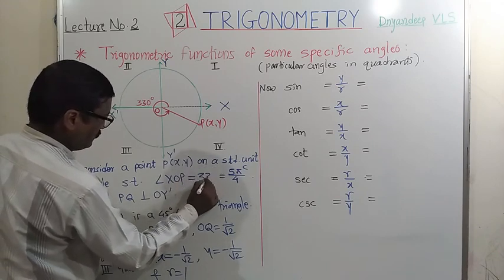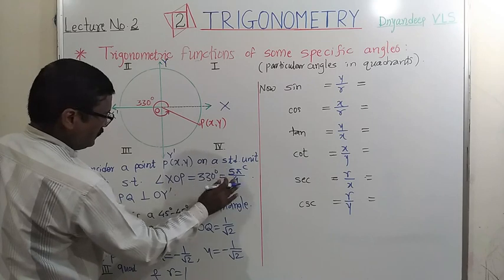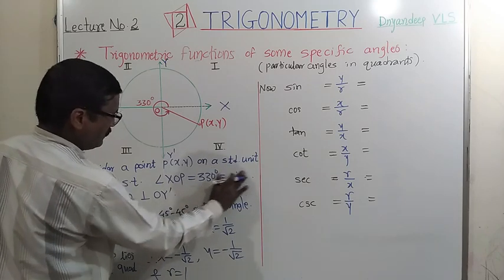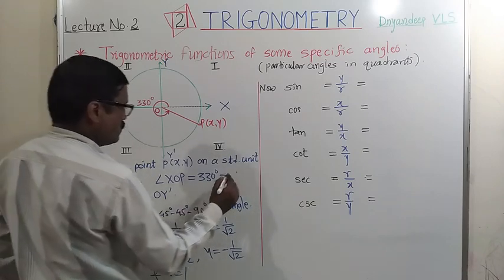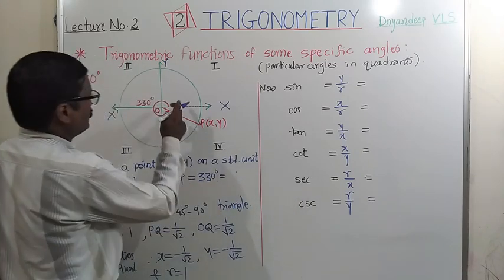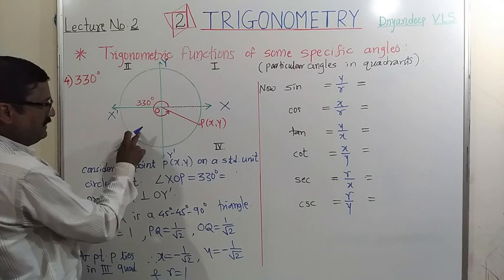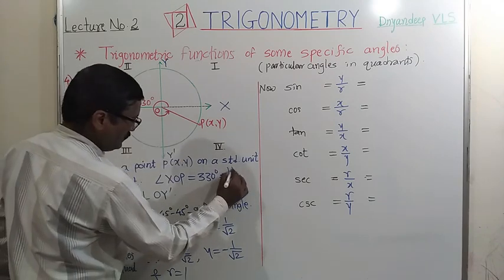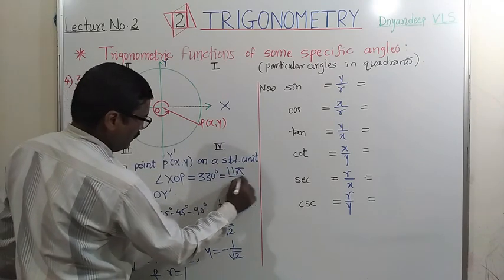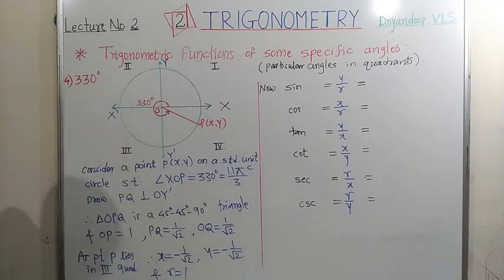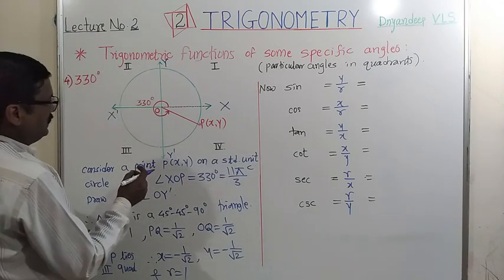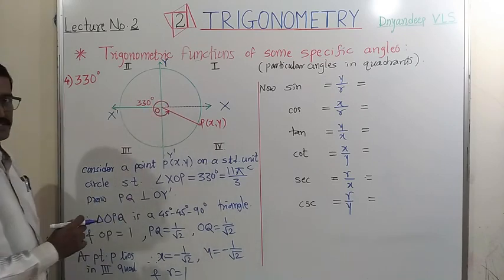330 degree. This 330 is nothing but 11 pi by 6 radian, because 12 into 30 will give us 360.